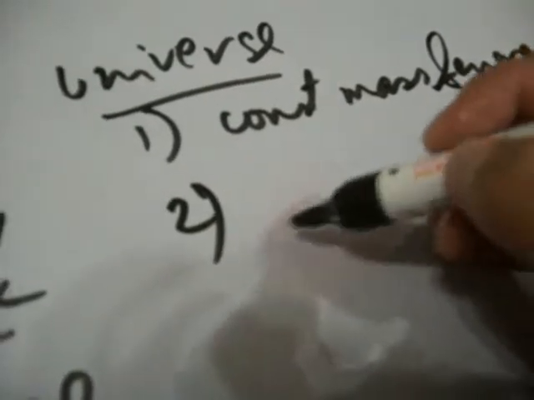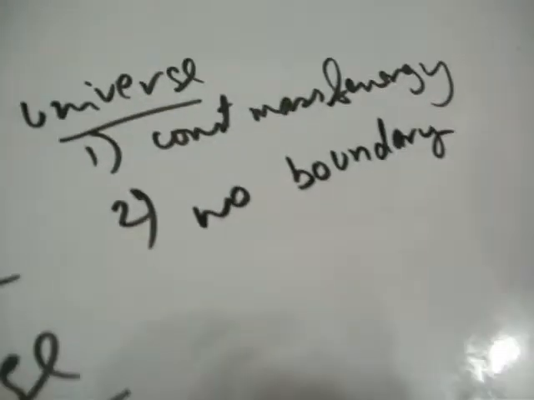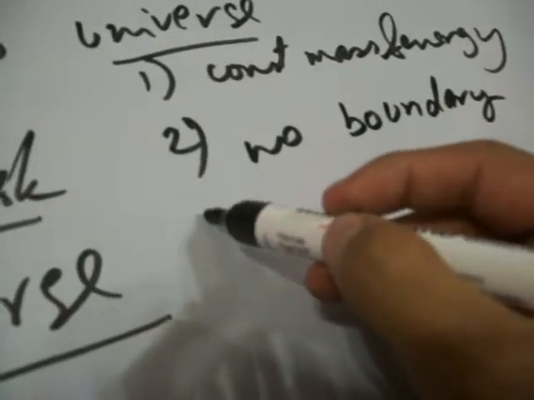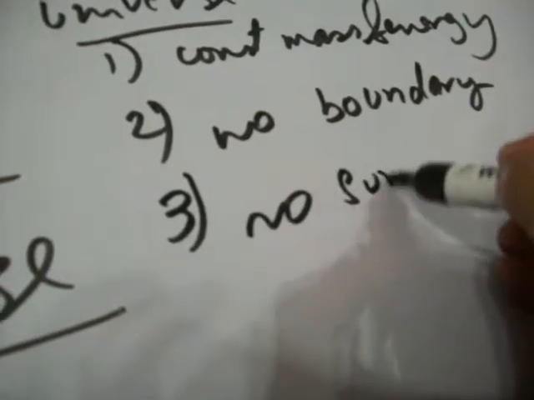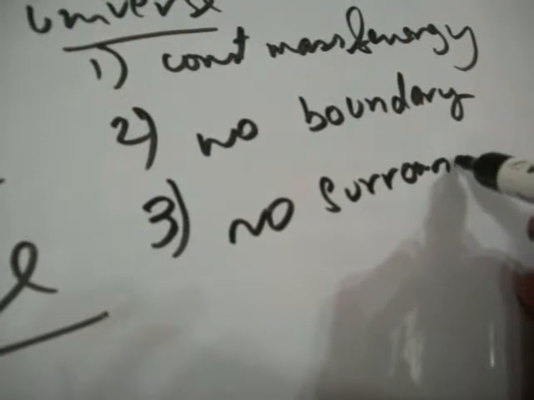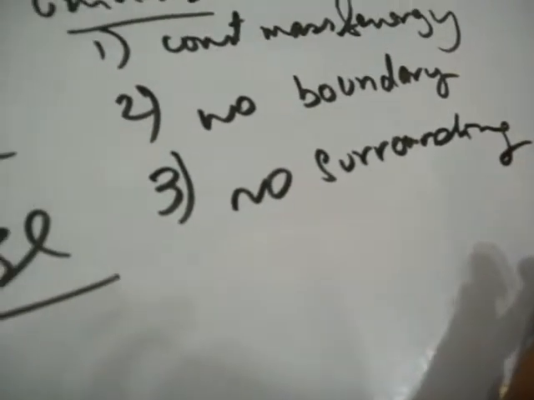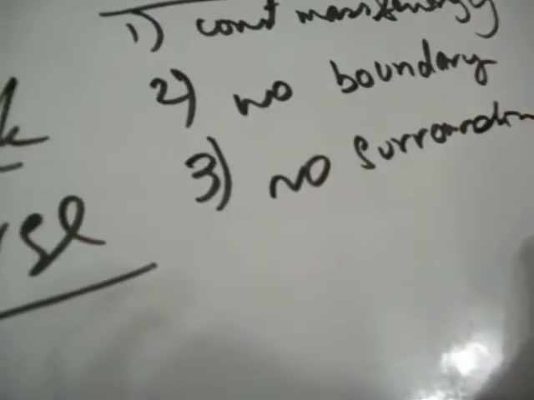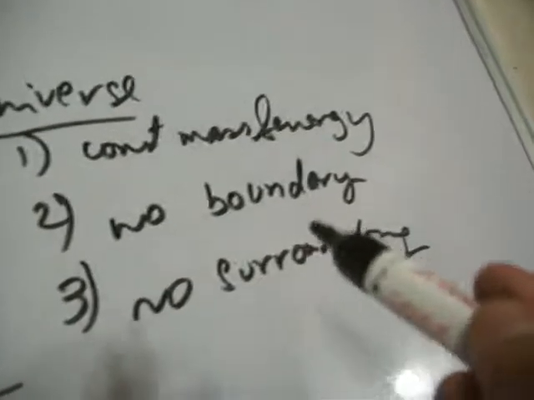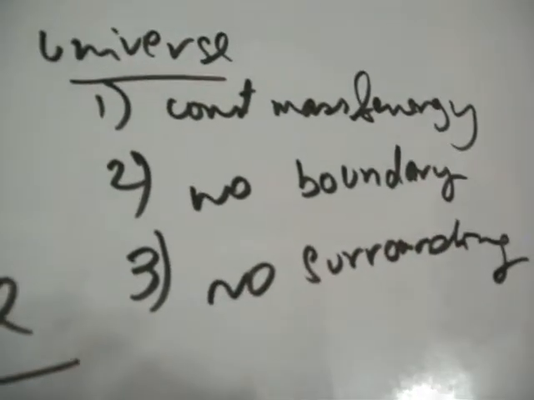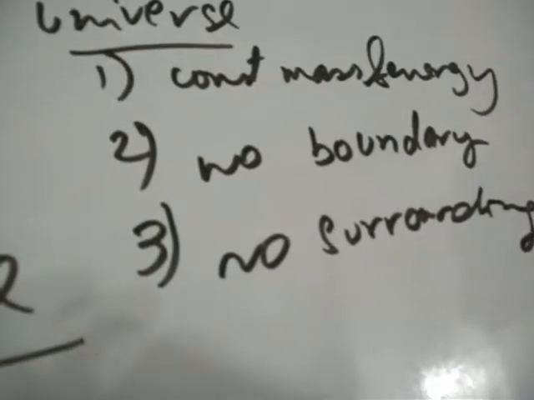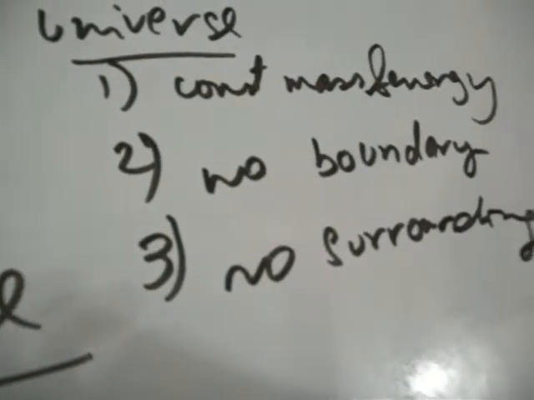It's all expanding. There is no boundary to our universe. So this implies that because there is no boundary, there is no surrounding. If there is a boundary, only then will there be a surrounding. These are the three major points: energy and mass are constant, no boundary and no surrounding. The universe is the closest we can get to an isolated system.